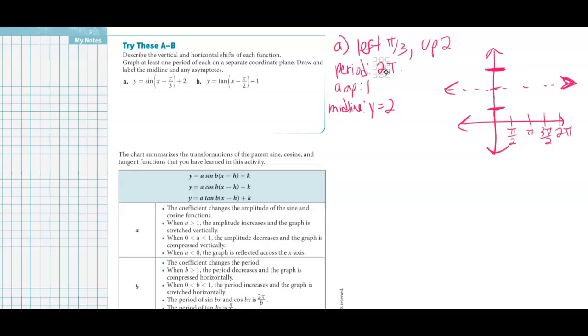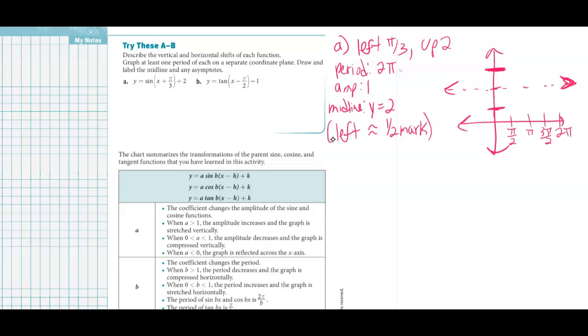So all of these parent functions are going to be going left pi over 3. So pi over 3 is less than a third, is less than 1/2. So it's going to be less than left half of a mark. And again, it's not exactly half, but we're rough sketching these here.